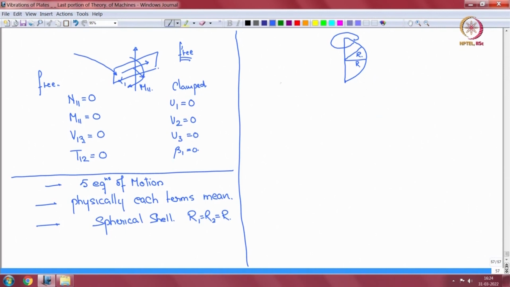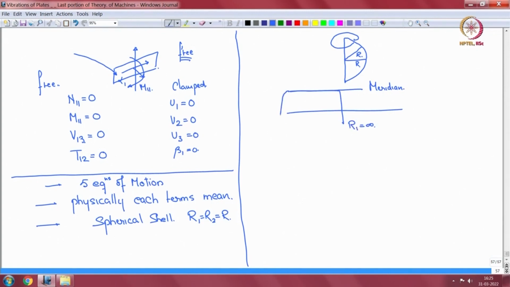For example, for the cylinder what happened? We had an axis and a straight line. That straight line is the meridian. Its own radius of curvature is infinity.